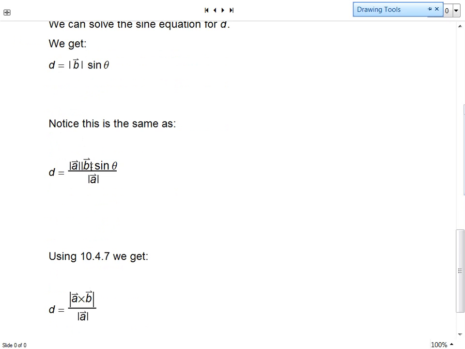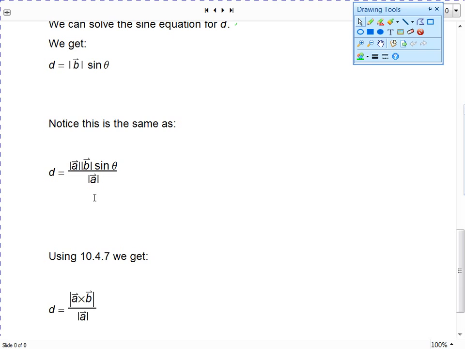Now check this out. This is pretty interesting, all right? What I'm going to do is take that formula up there, D is equal to magnitude of B sine theta, and I'm going to just, out of nowhere, introduce two things into this. I'm going to introduce these two things.